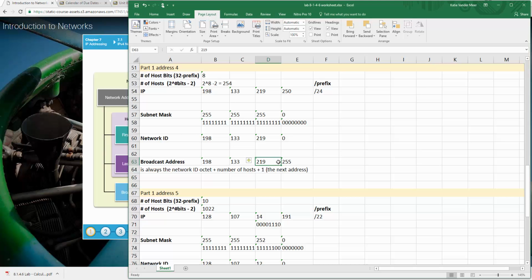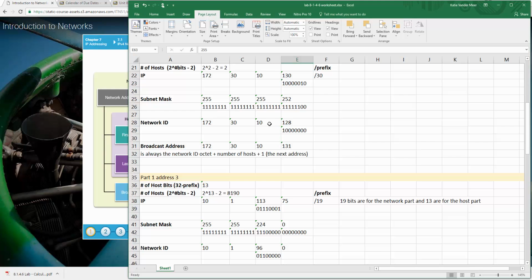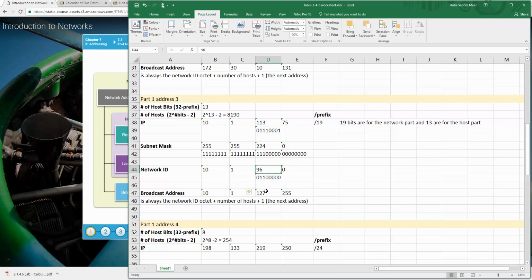So, let's see, for number 3, again, the broadcast was 10.1.127.255, and where that comes from, again, is 96 means that there are 30 hosts that are from the 3 bits that we borrowed out of this subnet.